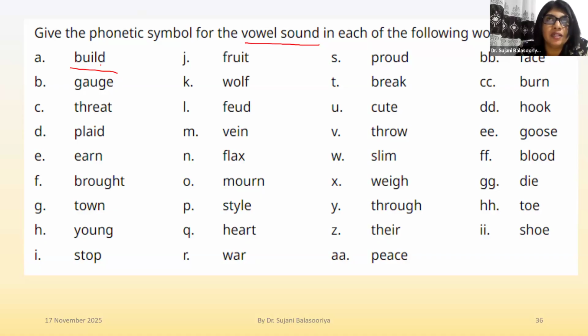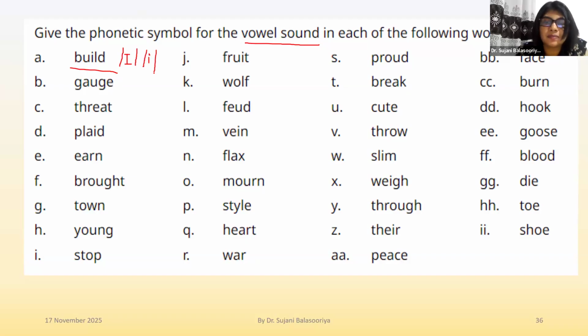When we pronounce the word build, there's only one vowel sound there, and that is short E. You can write the short E like this or like this. Either way. This is short E.